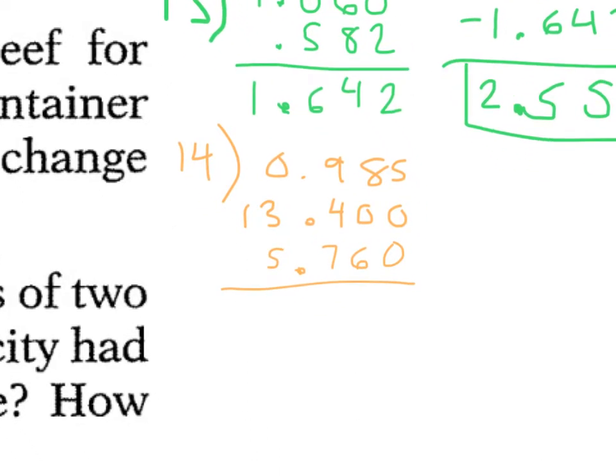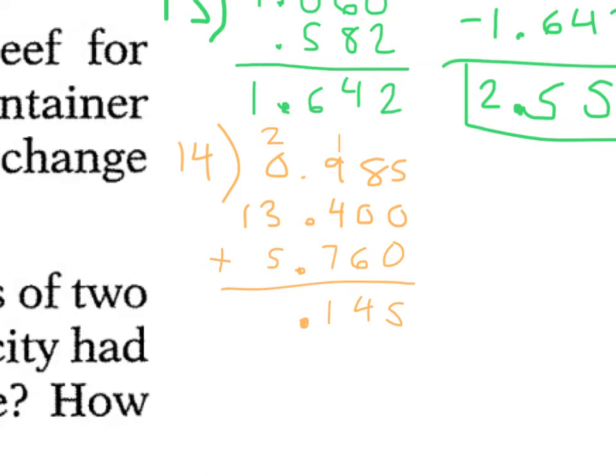So now we add our columns up. We have 5 plus 0 plus 0, which is 5. 8 plus 0 plus 6, which is 14. 9 plus 4 plus 7 would be 21. So we write our 1 down there and our 2 goes up top. Bring our decimals, so all of our decimals are in line.